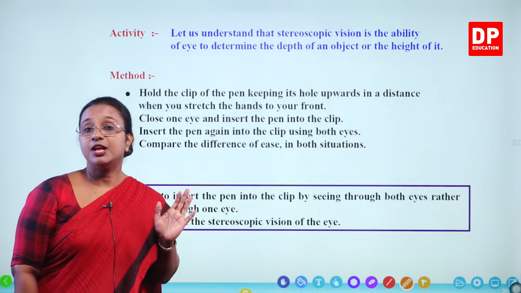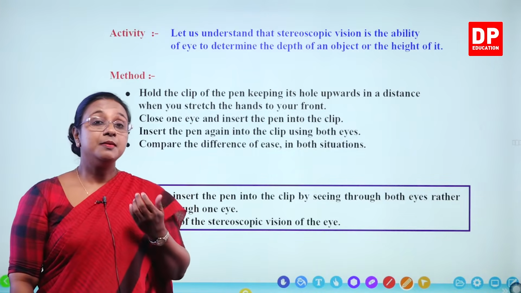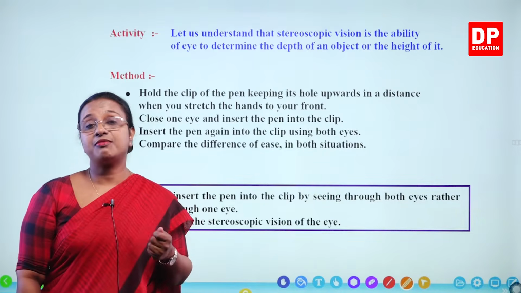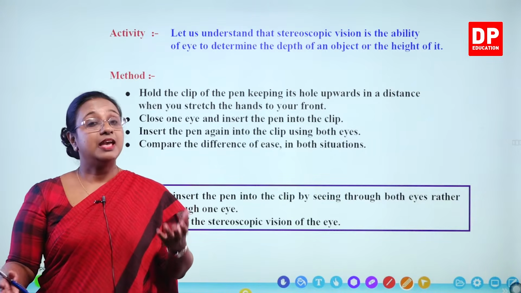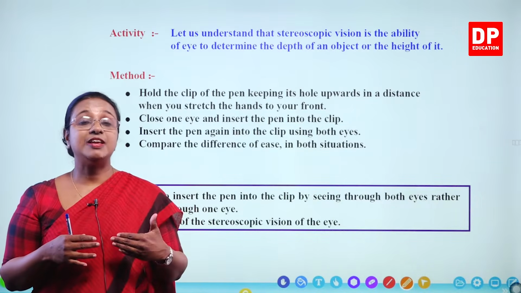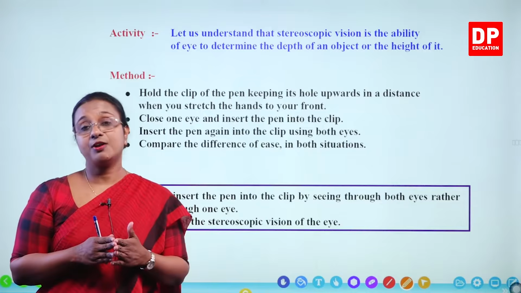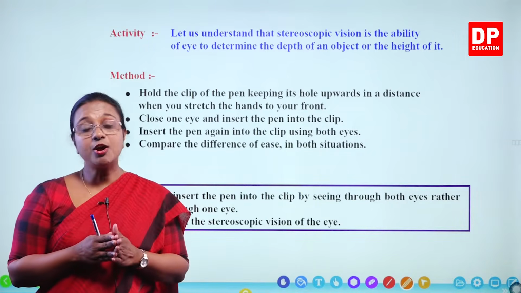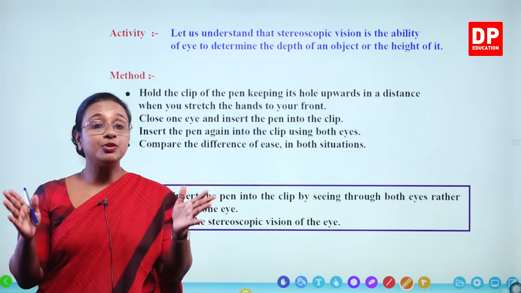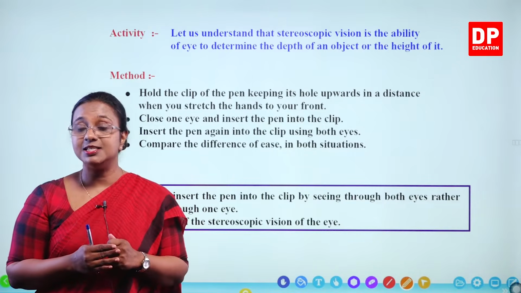So, now can you all understand the better abilities of our eye? We have the ability to change the curvature of our lens so that we can see close objects and far objects. Then we have the binocular vision, where we have a range that is seen by both eyes but only one image is formed.